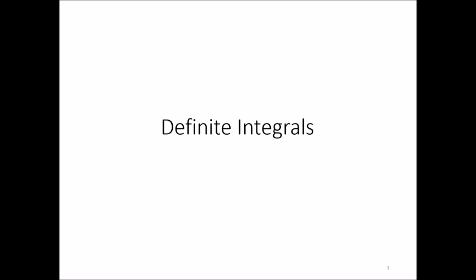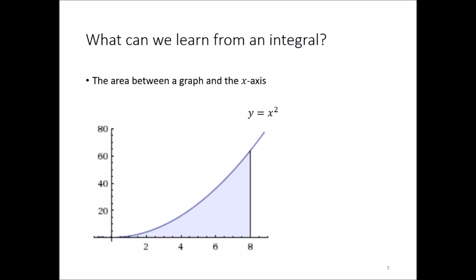So the question is, what can economists learn by taking an integral? Conceptually, if you have the graph of a function like y equals x squared, when you take the integral, in a physical sense, what you're calculating is the area between that graph and the x-axis.